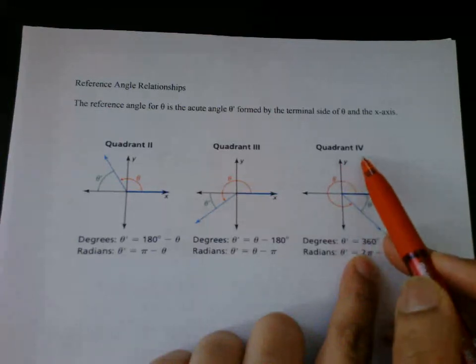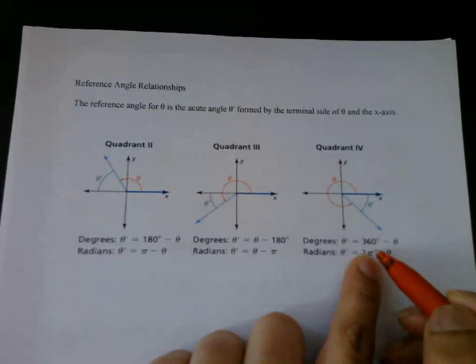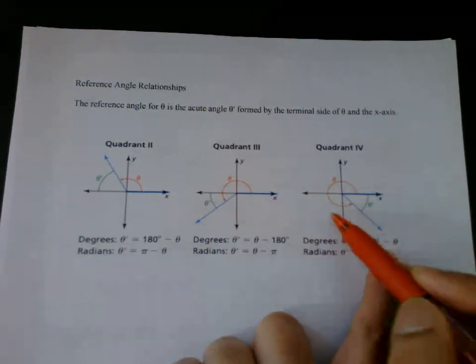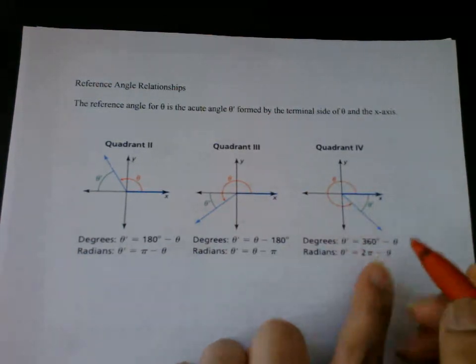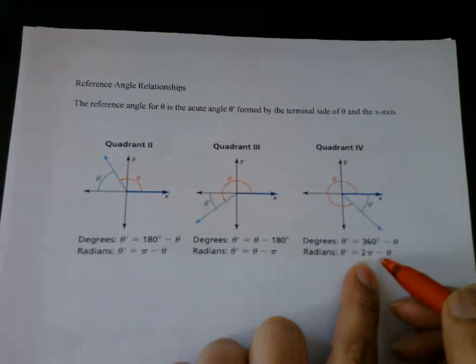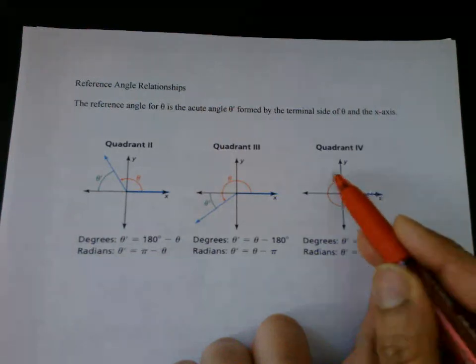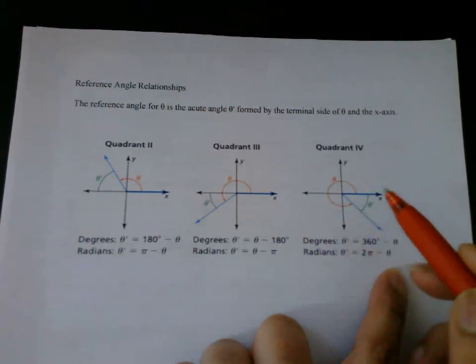So if the terminal side is in quadrant 4, the reference angle is 360 degrees minus the circle angle theta, or 2 pi minus theta, because 360 degrees is nothing but 2 pi.